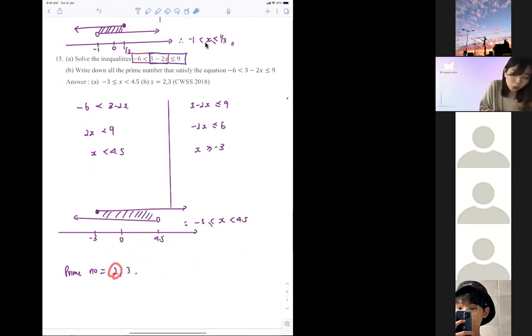So 2 is the only even prime number. Okay, just have to put x in the middle. Left number put on the left, right number put on the right. Then it's facing this way. So it's like a letter C. Just remember it's a letter C, facing this way.